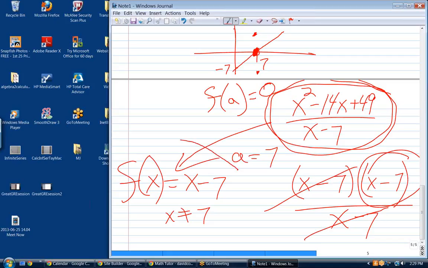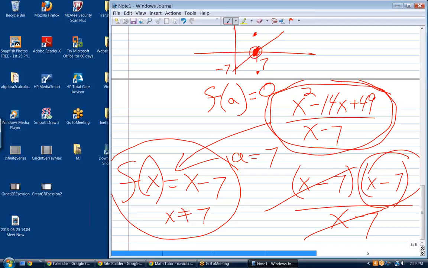We have a provision on this function that restricts x from ever being 7. Now, if it approaches 7, I don't know. I don't really like that question. I'm not sure you can make that function continuous. But I understand their answer as to why it's 0.